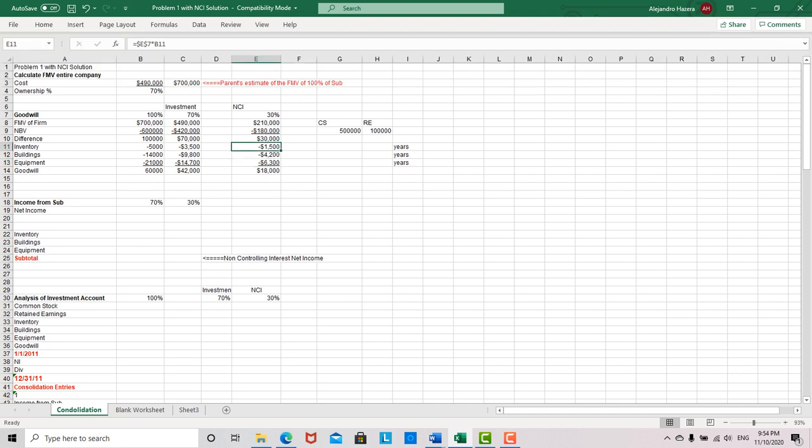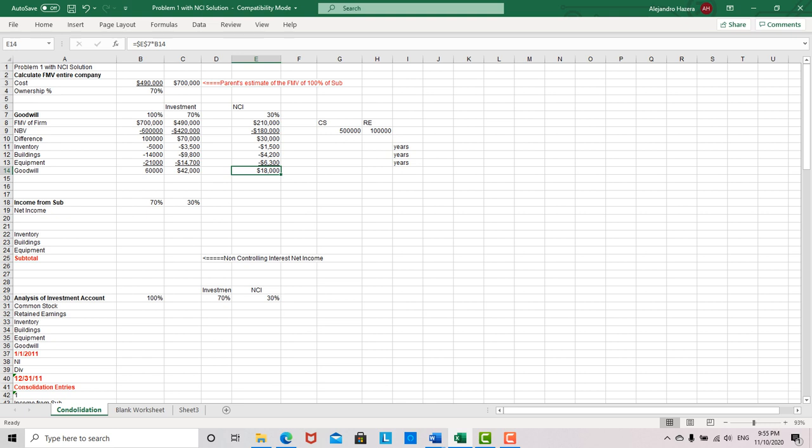Okay, so we've got 3 columns: 100%, which is the whole company, which is associated with 60,000 goodwill; 70%, which is the investment account. Notice I put investment account here because you're only going to be reflecting 70% in the investment account. And then finally, the non-controlling interest, which is 18,000, and it's 30% of 60,000. Okay, so far the goodwill calculation is exactly like we've done it, but we split it 70-30%.